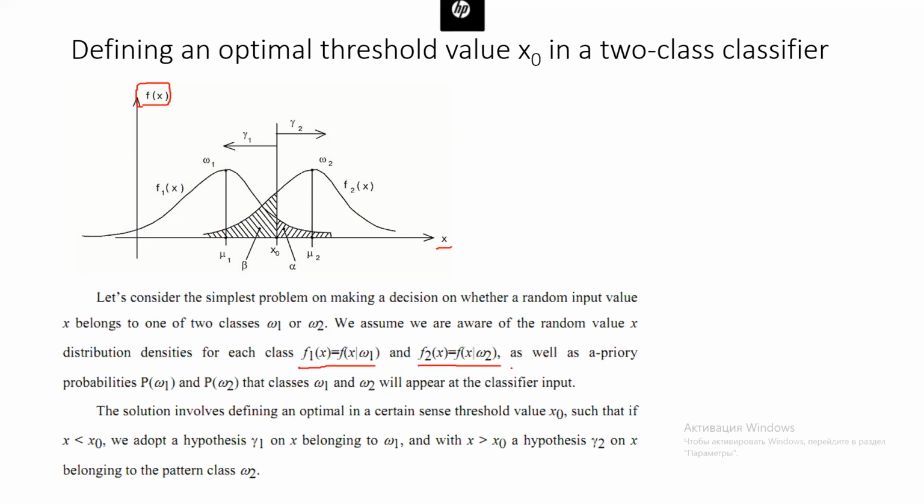And you also have a priori probabilities P for classes 1 and 2, that class 1 or 2 will appear at the classifier input. So you have probabilities for classes, also a priori, so they are known probabilities.